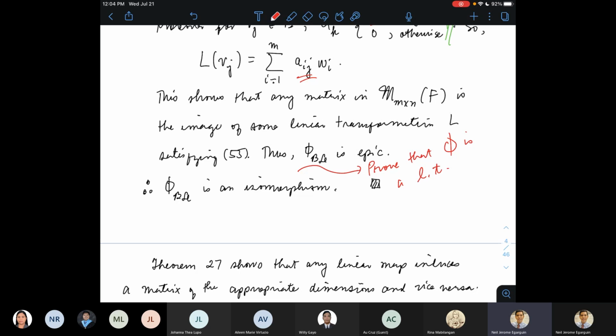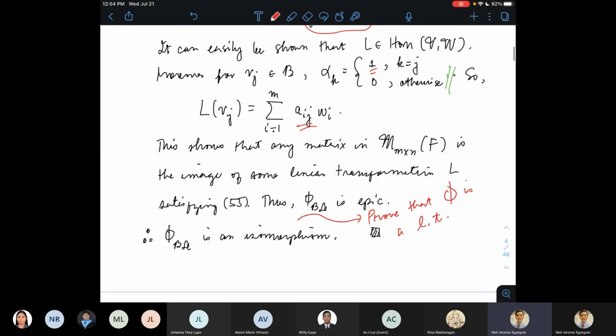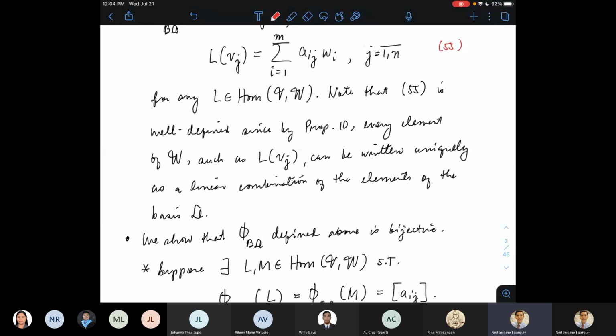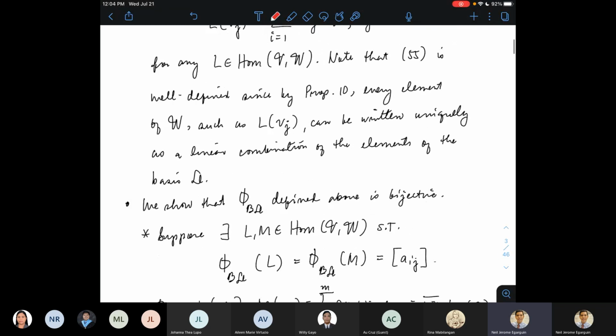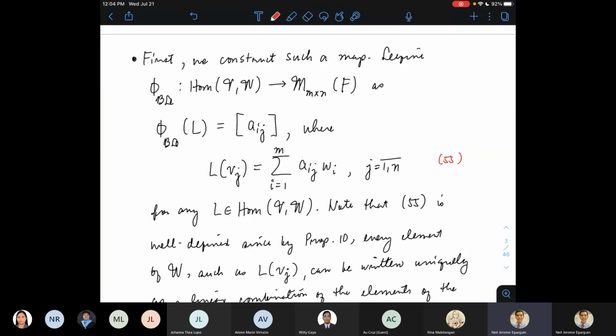So para maging isomorphism siya, dapat siya ay epic, dapat siya ay monic, saka dapat siya ay a linear transformation to begin with. Let me see. I think I did not. I haven't proven that it is a linear transformation. But I think that that comes naturally out of the way we define phi.